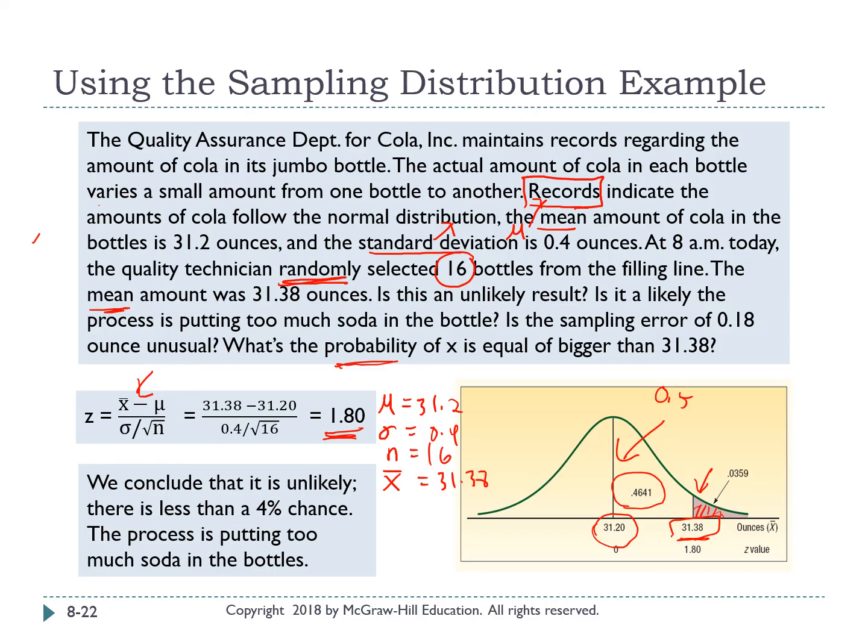So 0.5 minus the value that you have found from the z table, which is 0.4641, will give you the value of 0.0359, or we can just convert it into a percentage like 4%.